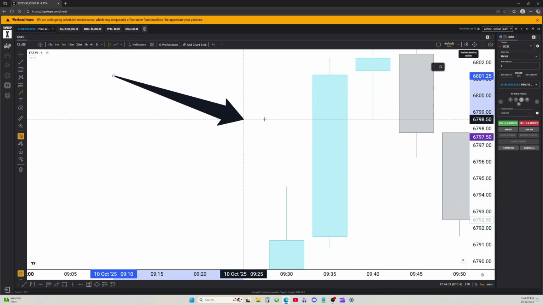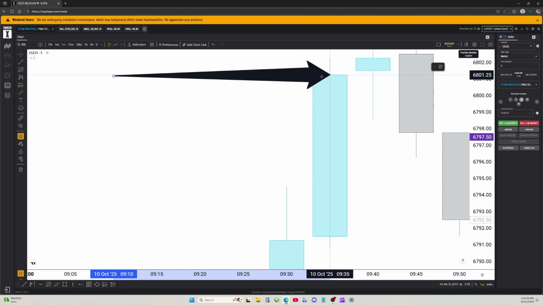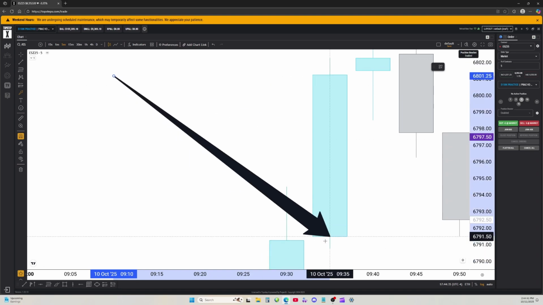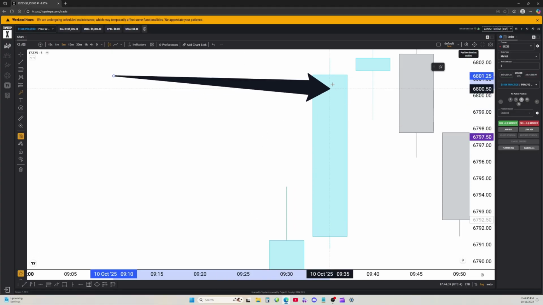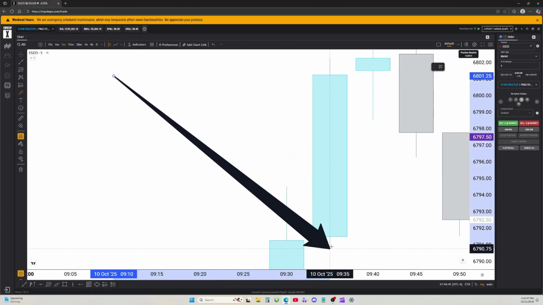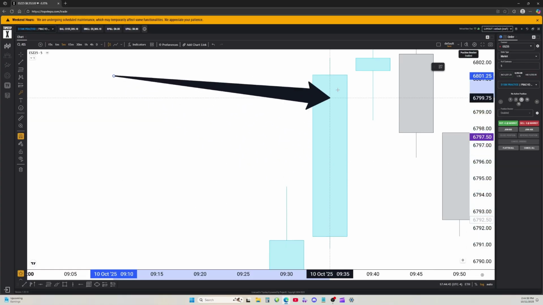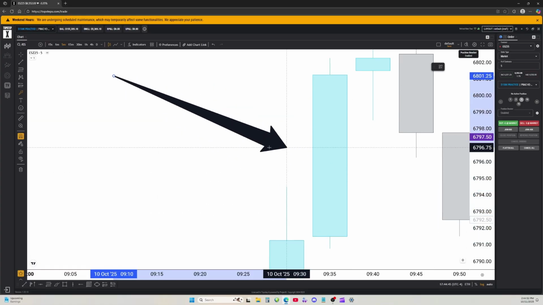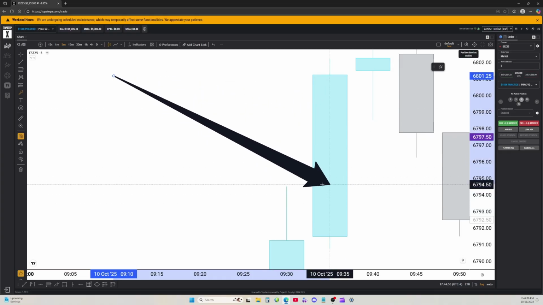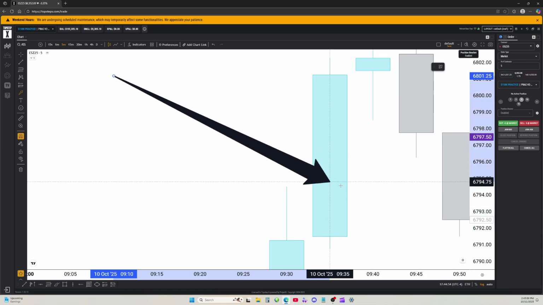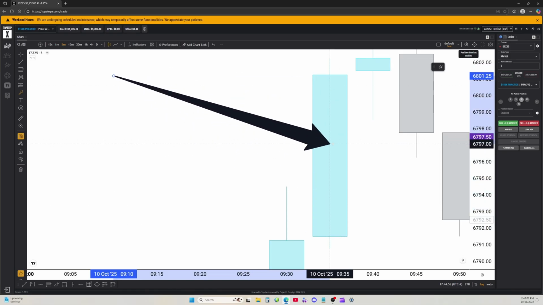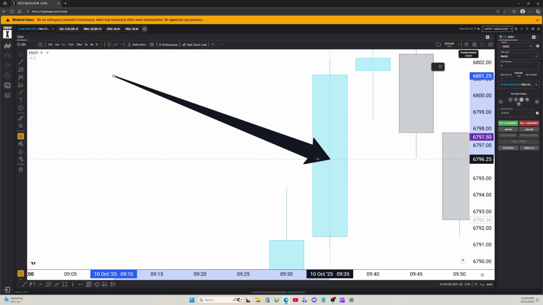These little lines on top of them are called wicks, and this rectangle in between the wicks is called the body. When it is a bullish candle, which means it's going up, it's blue. I have them blue because that's my preference.